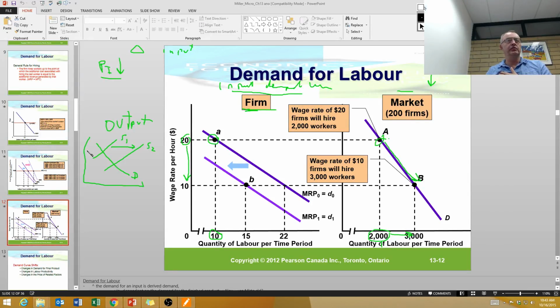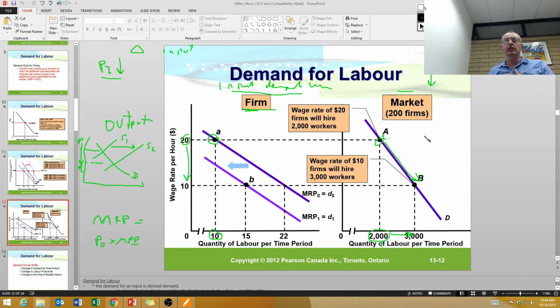And as the supply curve for the industry as a whole shifts out, the equilibrium price declines from P1 down to P2. And as the price of the output declines, our marginal revenue product for the input also declines, because marginal revenue product for the input equals the price of the output times the marginal physical product of the input.